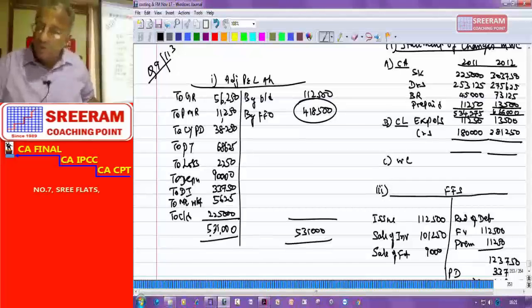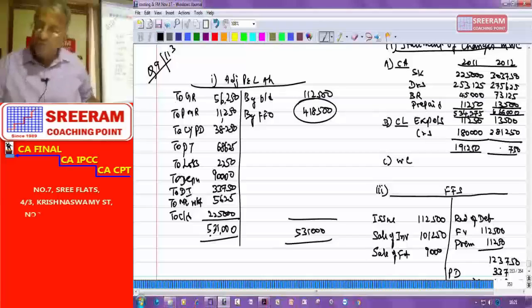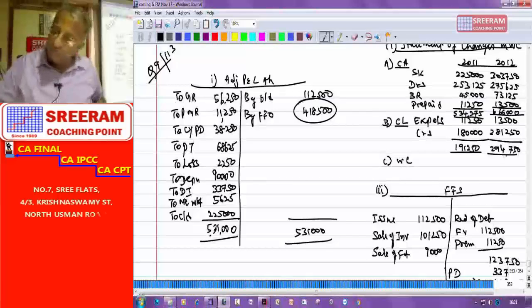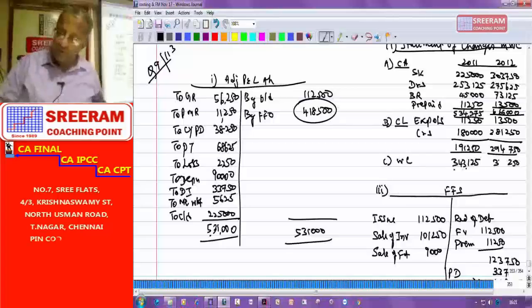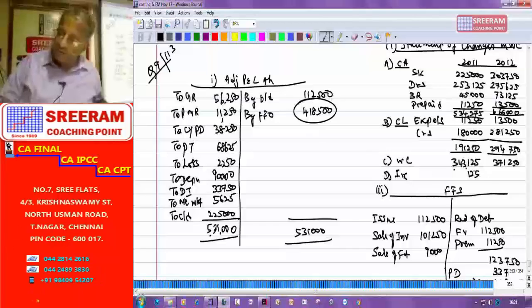Here 1 lakh 91,250. 294,750, 343,125, 371,250. Increase 28,125.